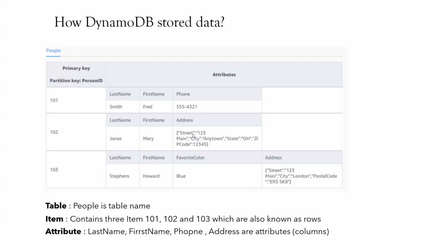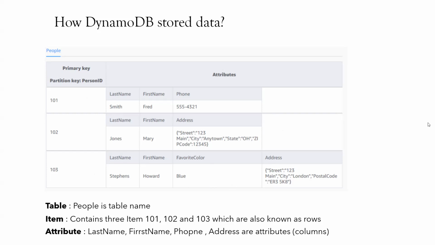As we discussed, in DynamoDB each row may have different columns and store different values. The third row has last name, first name, favorite color, and again address. So we are only storing the data in the form of rows and columns, but the flexibility is that every row may have different columns. That is the plus point of DynamoDB.